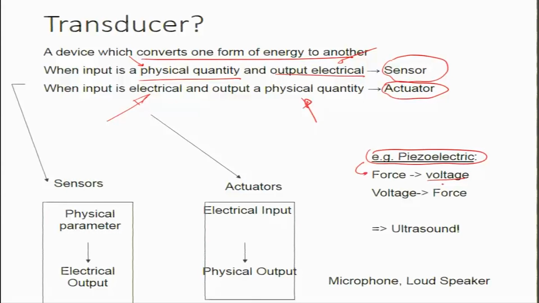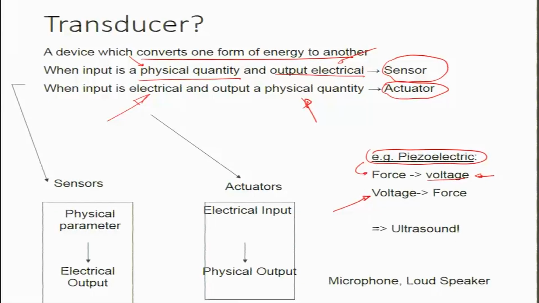If there is a force in the shear direction or maybe in the lateral direction, it would produce a response based on the piezo coefficients in these various directions. Alternately, it could be the other way around: if we provide a voltage signal to a piezo across its two plates, it may result in some kind of a motion. It could be a vibration motion if the signal is an alternating current signal, and so on and so forth.